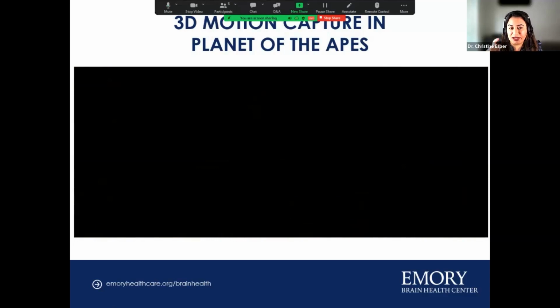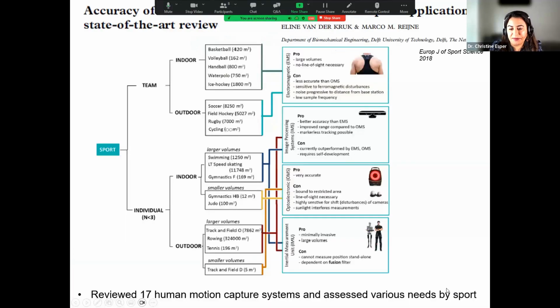In this clip, you can see all the dots around the patient's face, and that was used to help create the pictures of the apes in this movie.